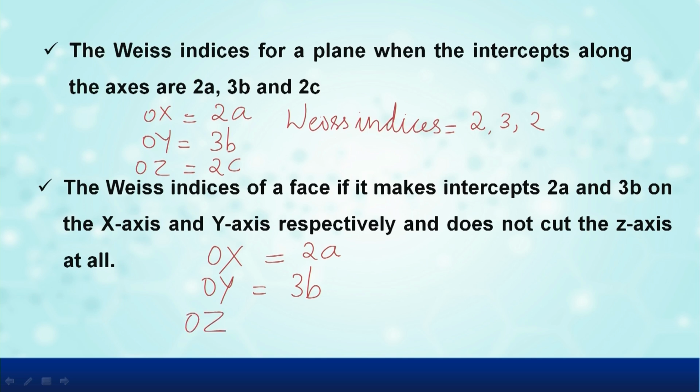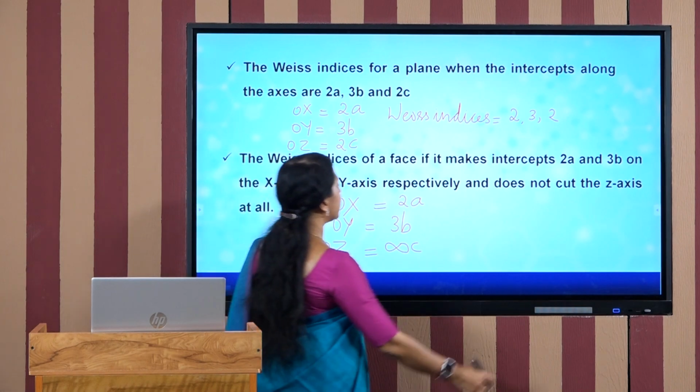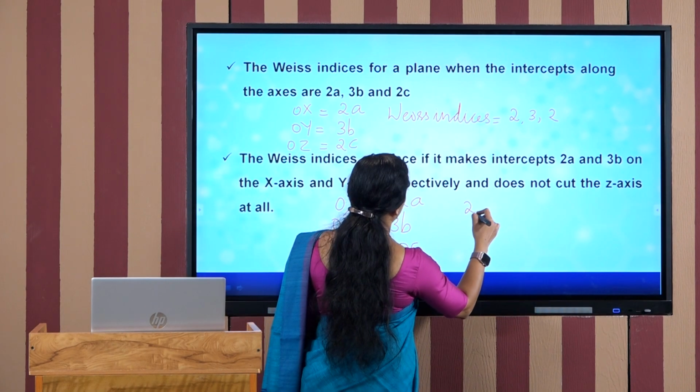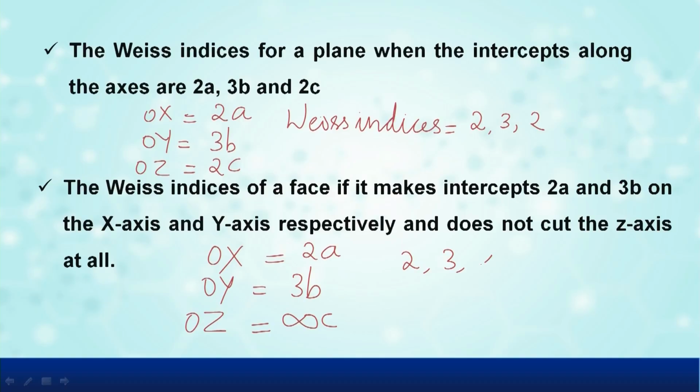Not cutting the z-axis means it goes parallel to the z-axis. So, the coefficient of c will be infinity. Okay. So, then what will be the Weiss indices? It will be 2, 3 and infinity.